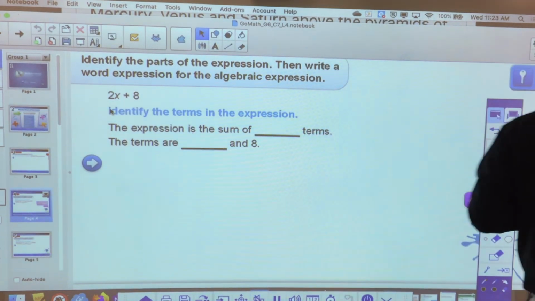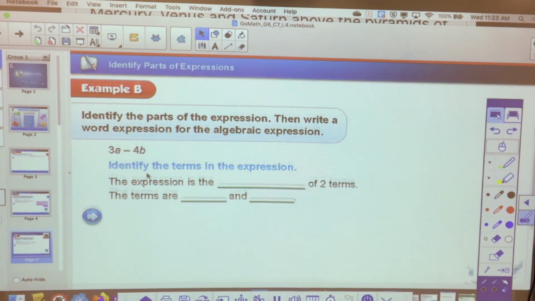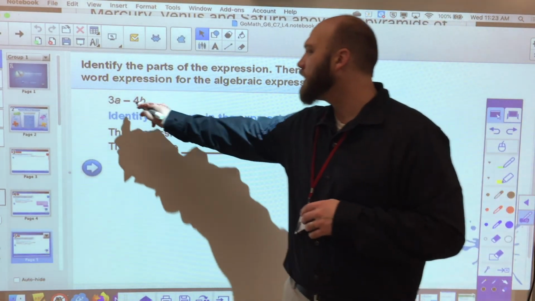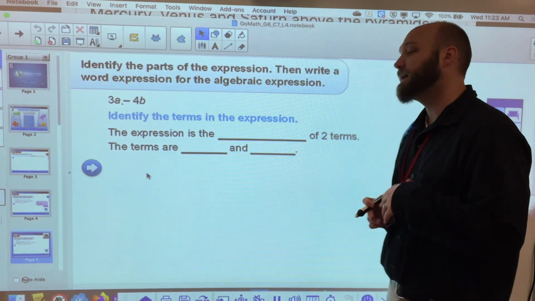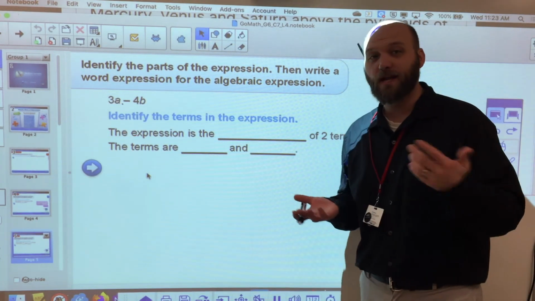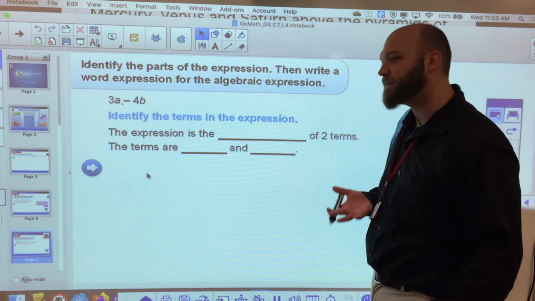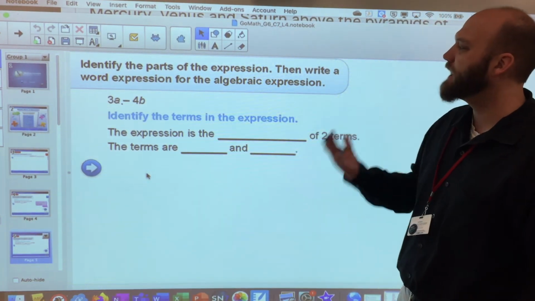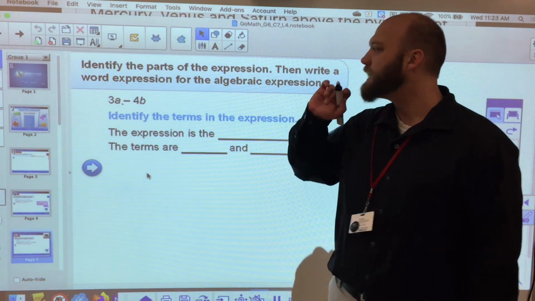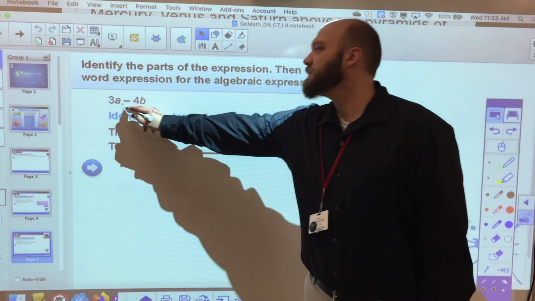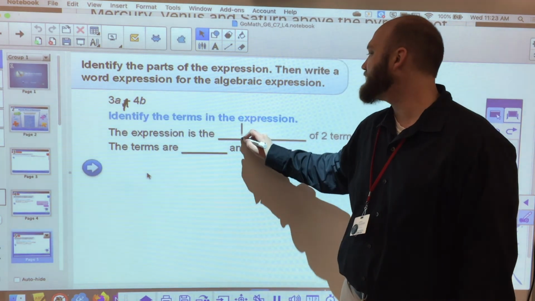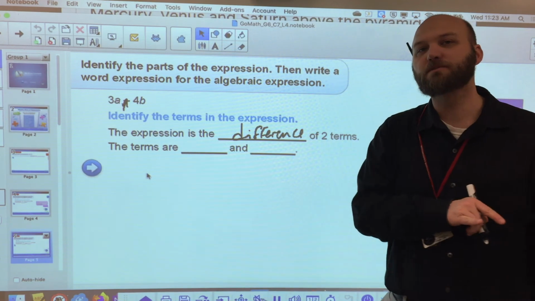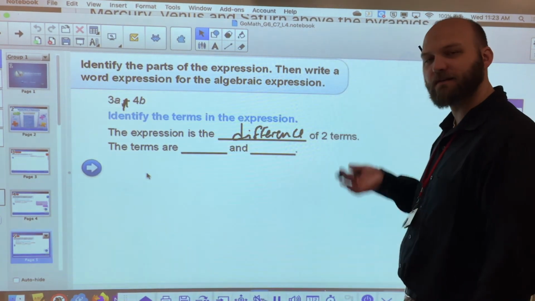Let's go ahead and look at just one more. We're identifying the parts of the expression and writing a word expression for 3a minus 4b. You'd say, all right, well, I don't know what 3a is and I don't know what 4b is, but I don't actually have to, and that's the point of algebra. It helps me solve things that I don't know. So I have 3a minus 4b. The expression is the difference of two terms, because I have subtraction.